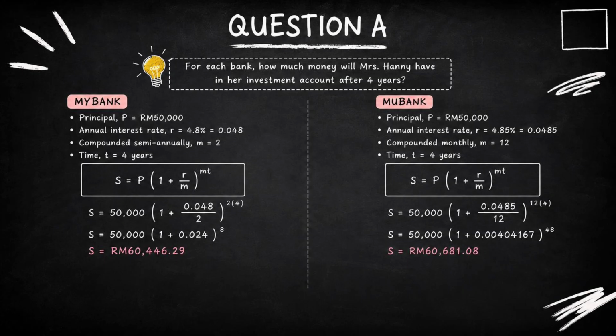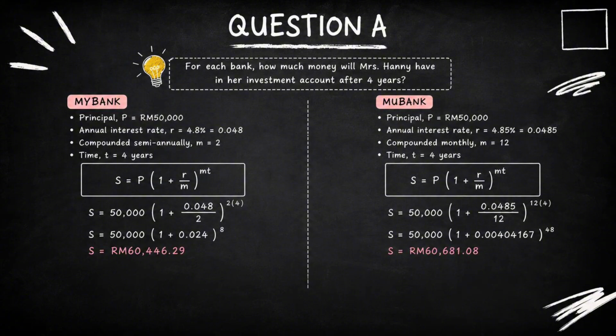For my bank, the interest rate is 4 point 5 percent compounded semi-annually. After substituting the values into the formula, the future value obtained is 60,446 ringgit and 29 cent.